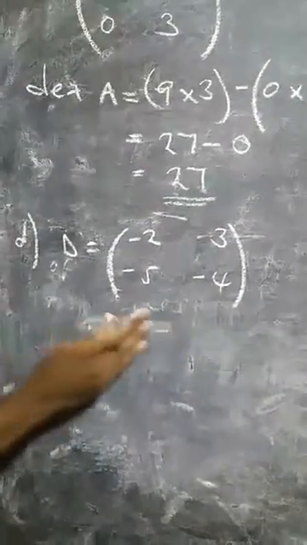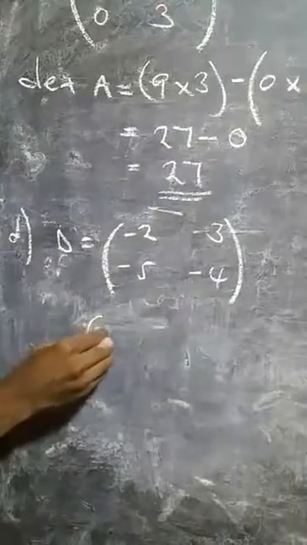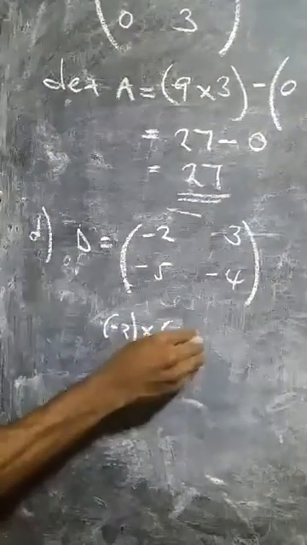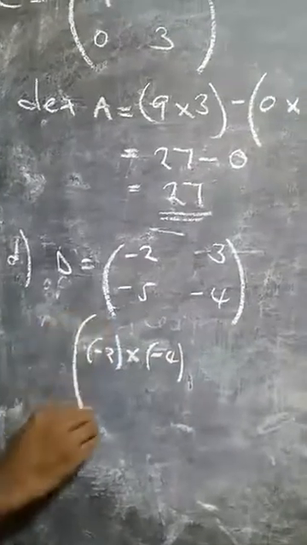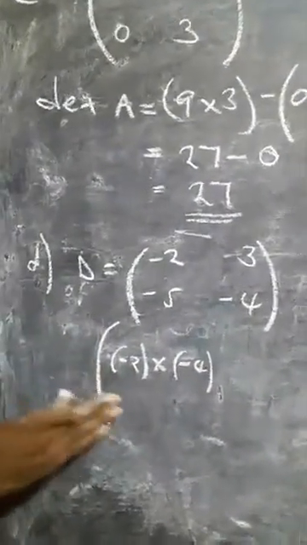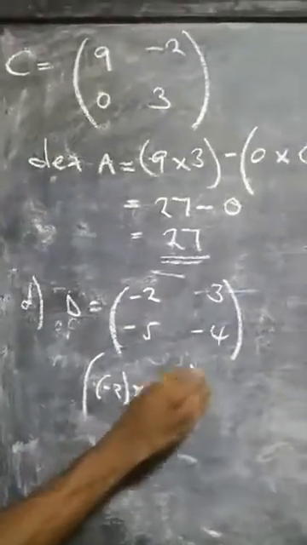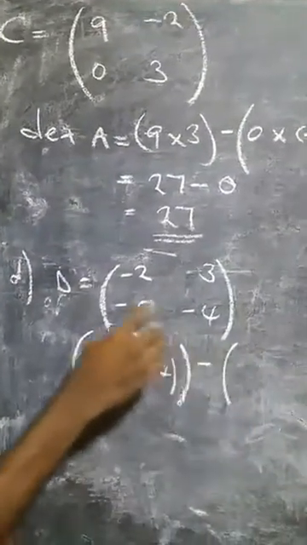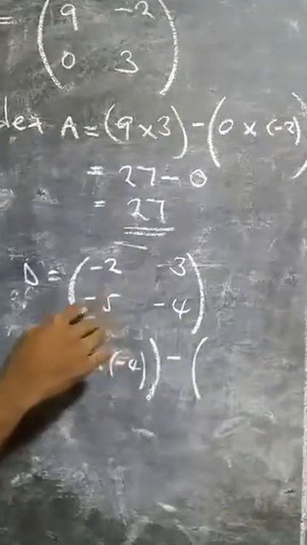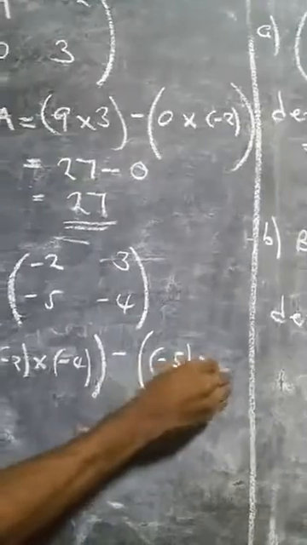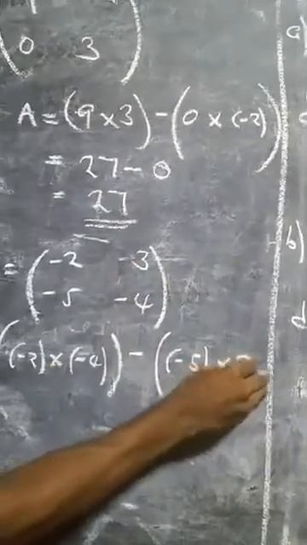Of course, these negatives can be in brackets. Negative 2 by negative 4, like that, so these are larger brackets, minus again. So it's negative 5 by 3.